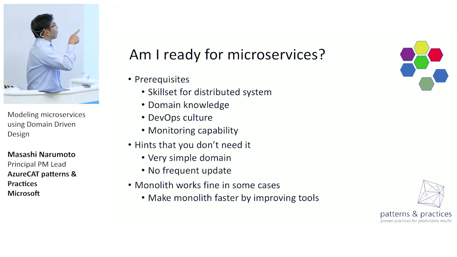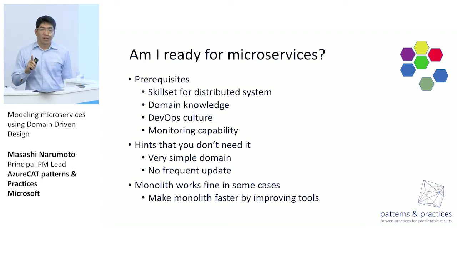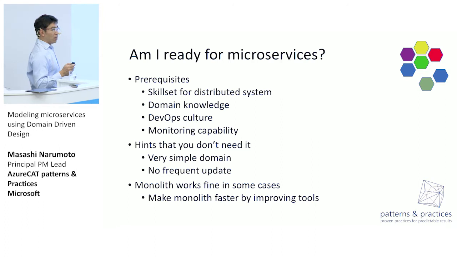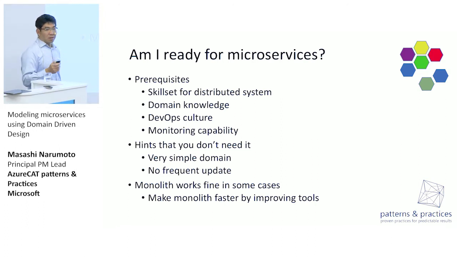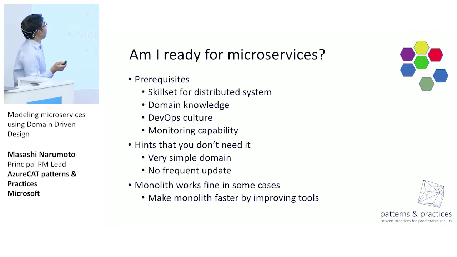The skill set for distributed systems, spot on. If you are not familiar with idempotency, eventual consistency, optimistic concurrency control, those distributed system concepts, it may be too early for you. You have to learn those distributed system designs before starting microservices.